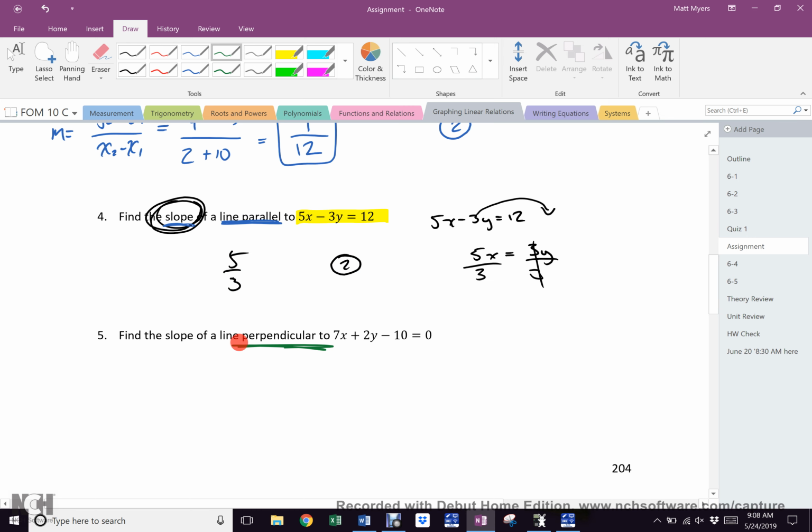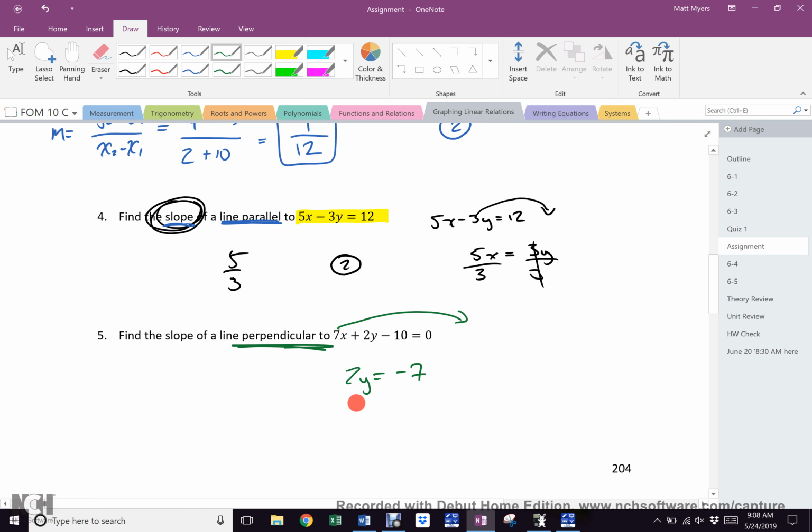Perpendicular means what? I got to opposite and reciprocate the slope, yes? So what do I have to find first? The slope. How do I find the slope? Isolate y. Do I care about the 10? No. Is y positive? So should I move them? No. 2y equals, what's going to happen to that 7?